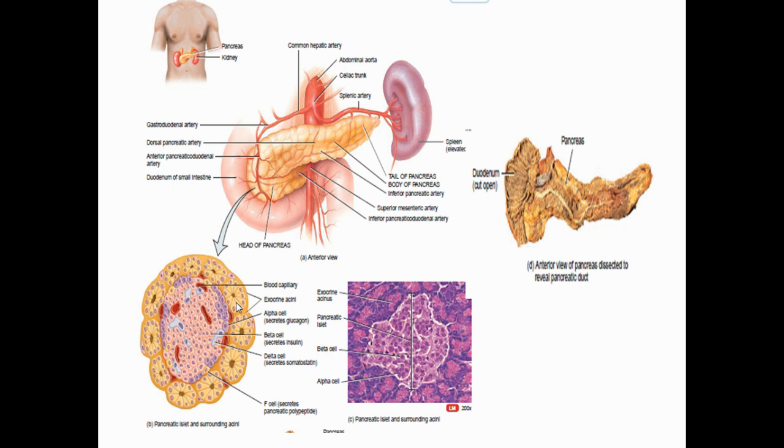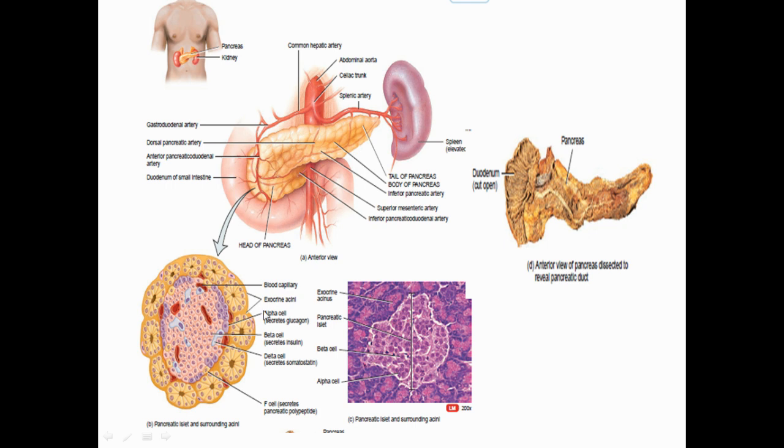How much pancreatic juice is secreted per day? About 1,200 to 1,500 ml of juice is secreted by the pancreas per day. What is the nature of the pancreatic juice? It is a clear, colorless liquid, consisting mostly of water, and the main constituent is sodium bicarbonate and some salt, along with several enzymes.